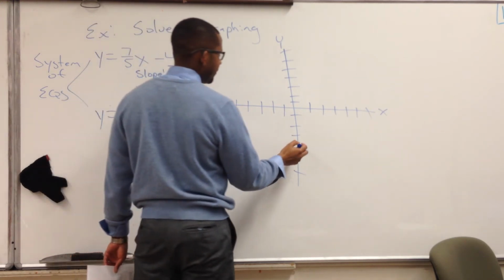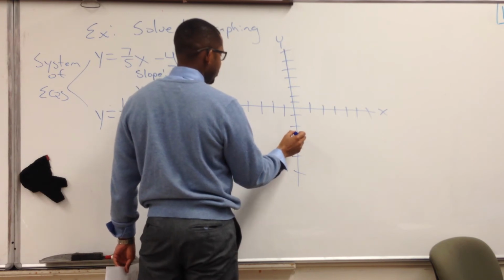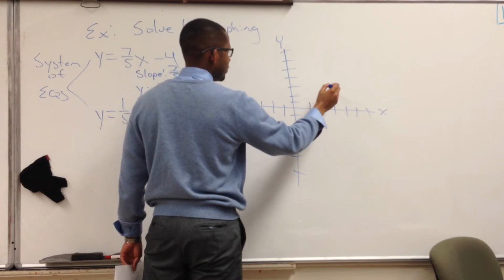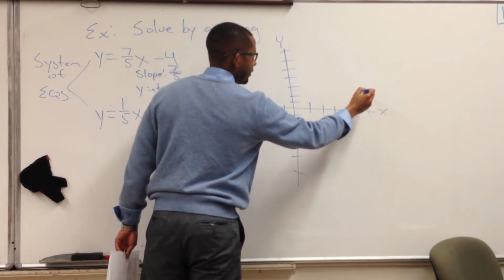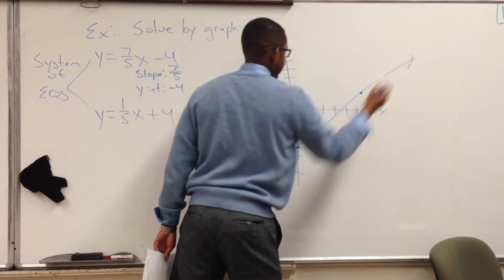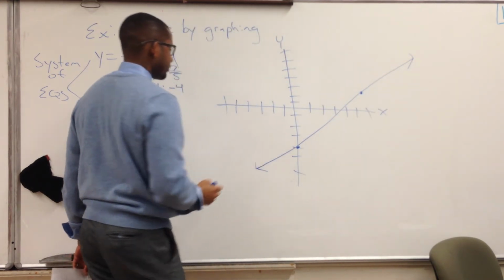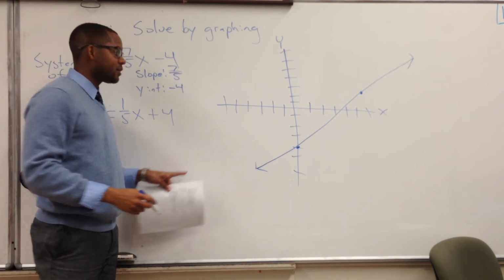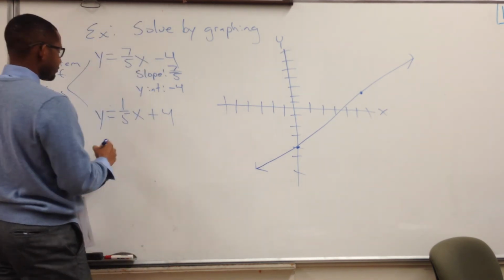Count my slope, 7/5. Rise 7. 1, 2, 3, 4, 5, 6, 7. Run 5. 1, 2, 3, 4, 5. Here's my second point. Here we go. Now, let me go ahead and get my information for my second one. Now I'm going to do my second graph.